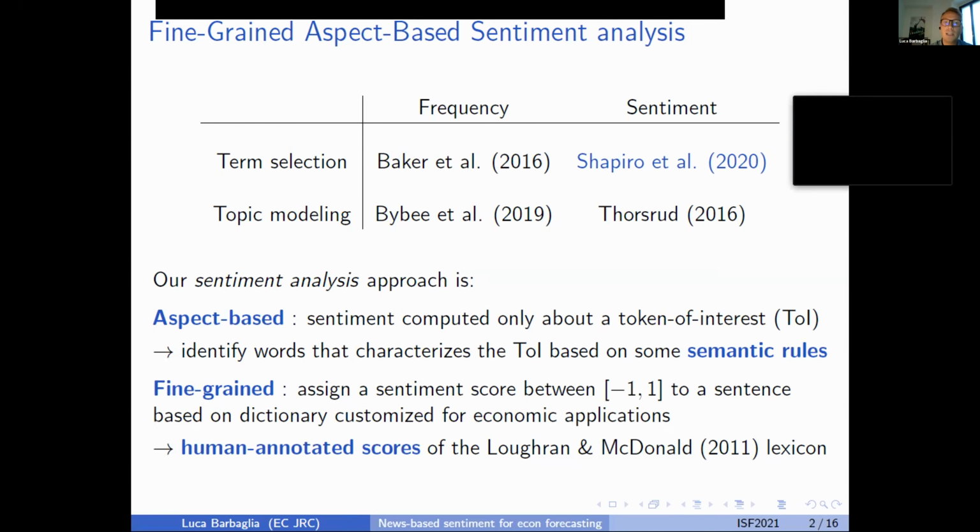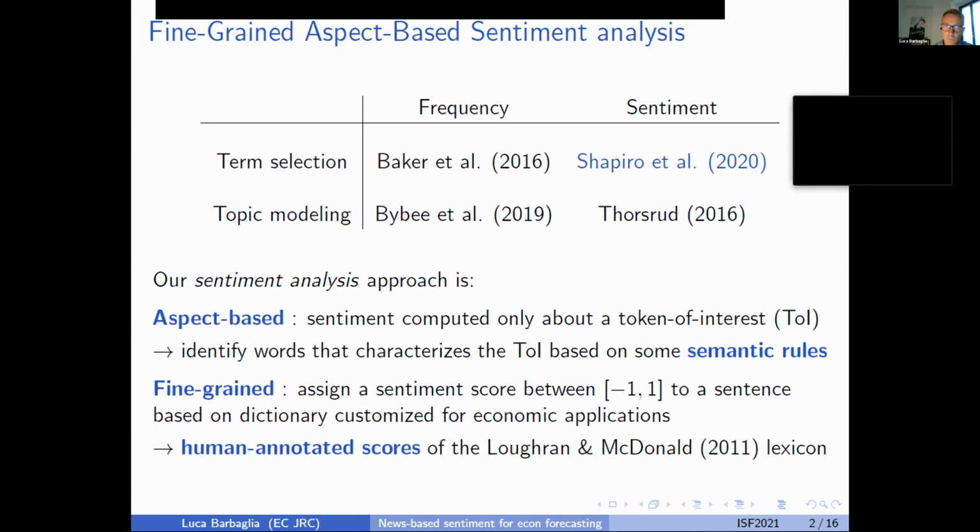It's fine-grained, and by that I mean that we will attach a sentiment score that is in between -1 and 1 to each of the sentences that we analyze. And for that, we have a customized version of the Loughran and McDonald dictionary that we specifically developed for economic applications.